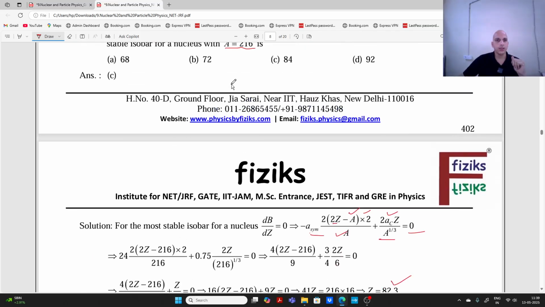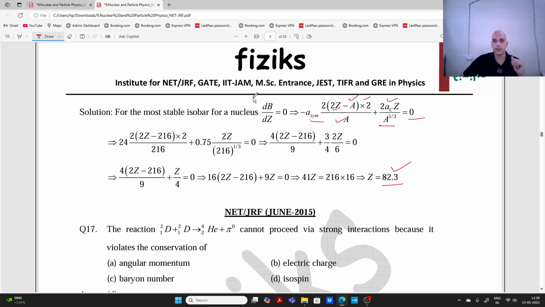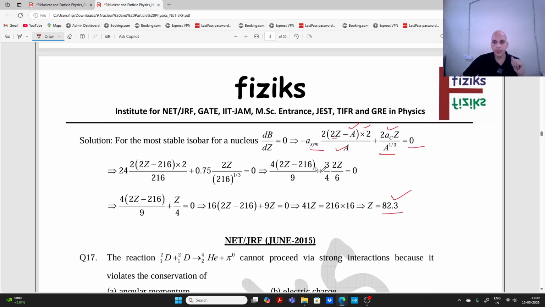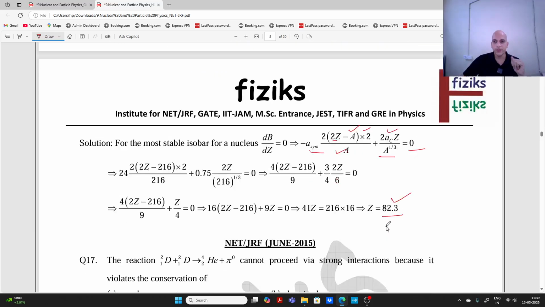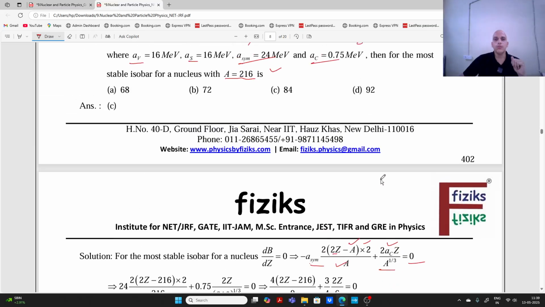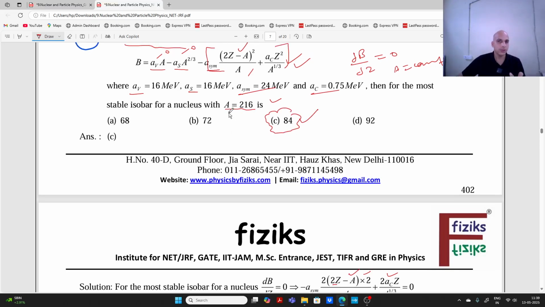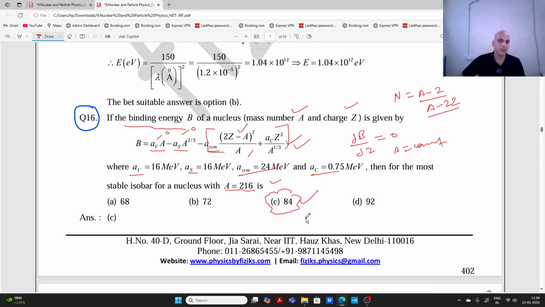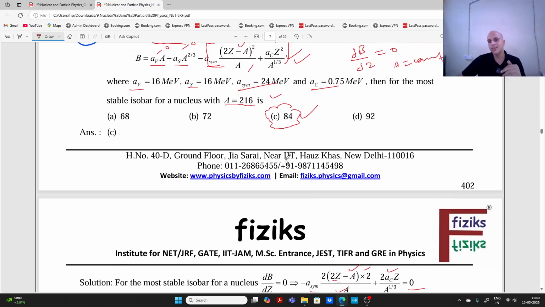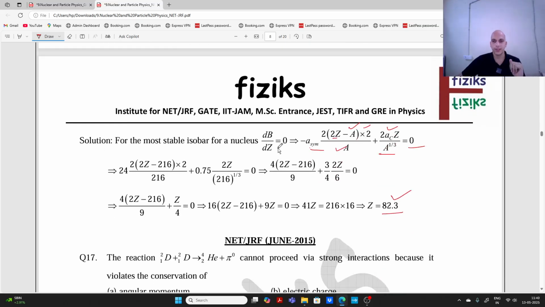The calculated value is 82.3, so we have to look at the nearest value. In these options, the nearest value is 84. Because all the values that we put here were approximations, we can say that the nearest value in these options is 84.